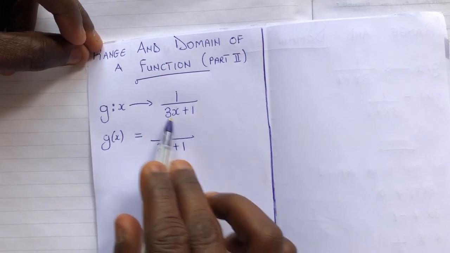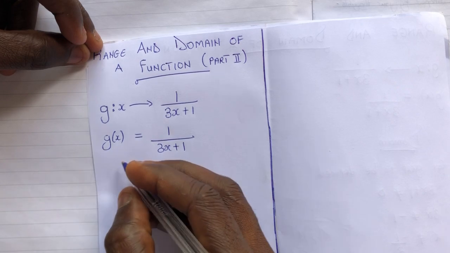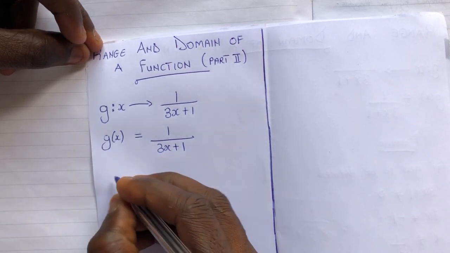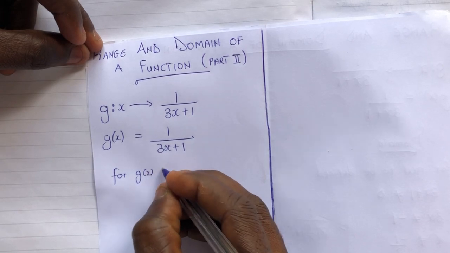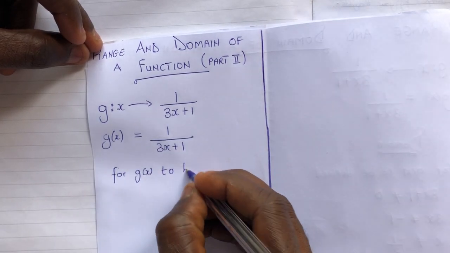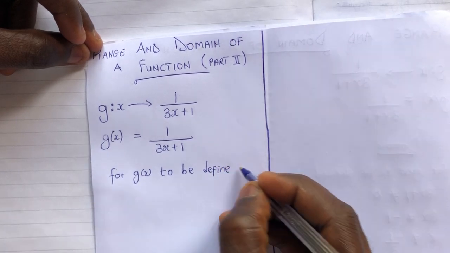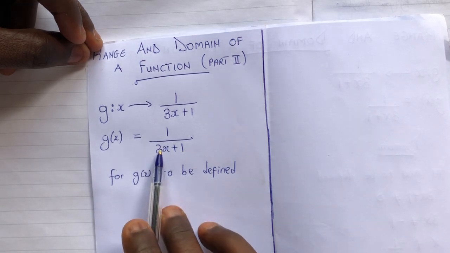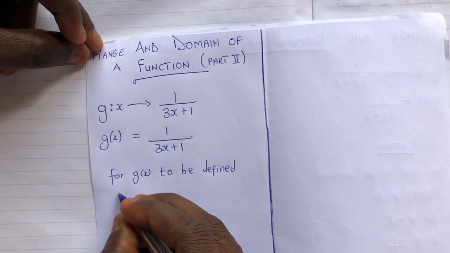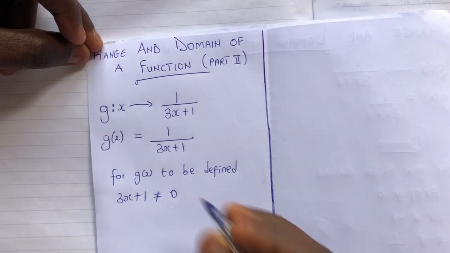Since we want the values that will make the equation defined, we write a simple statement: for g of x to be defined, the denominator must not be equal to 0. So 3x plus 1 must not be equal to 0.